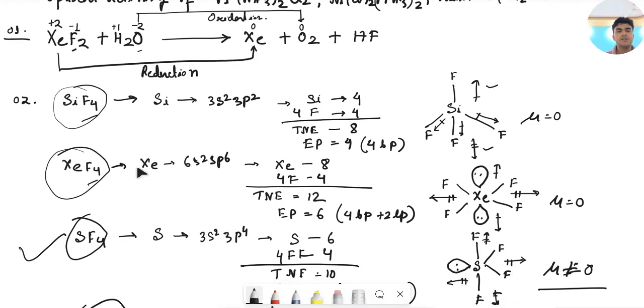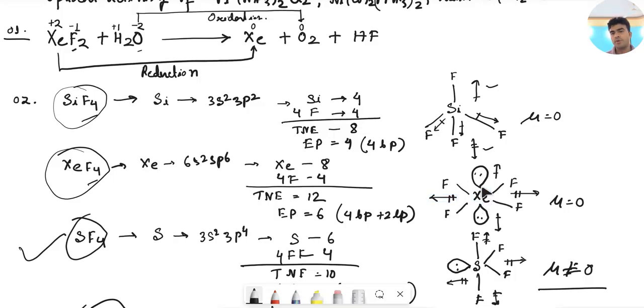Next, we'll come to XeF4. For Xe, the electronic configuration is 6s2 6p6, so xenon has 8 electrons in the last orbital. 4 fluorine will contribute 4 electrons, so the total number of electrons will be 12 and electron pairs will be 6. Out of these 6 electron pairs, 4 will be bond pairs for 4 fluorine and 2 will be lone pairs.